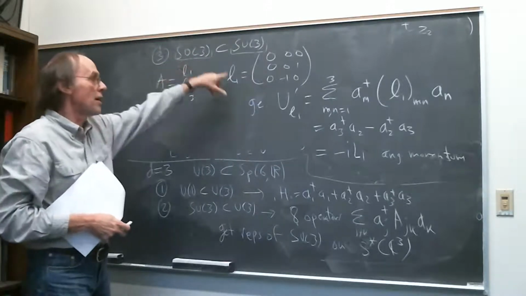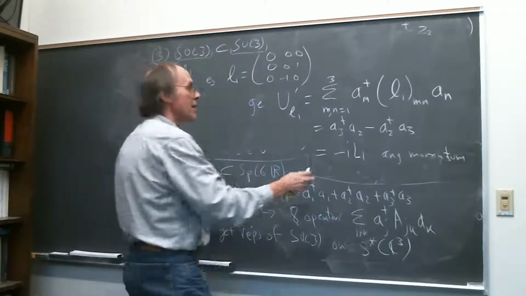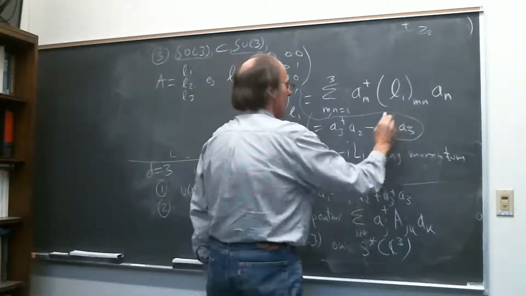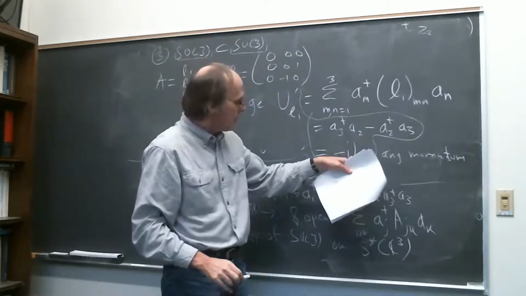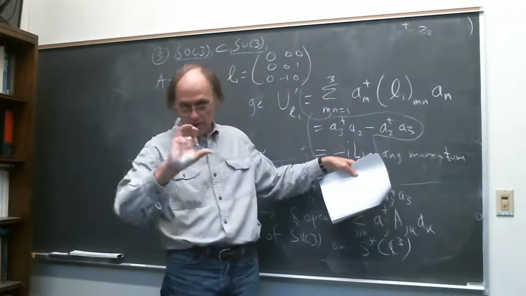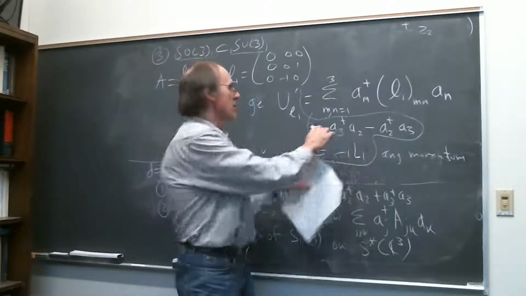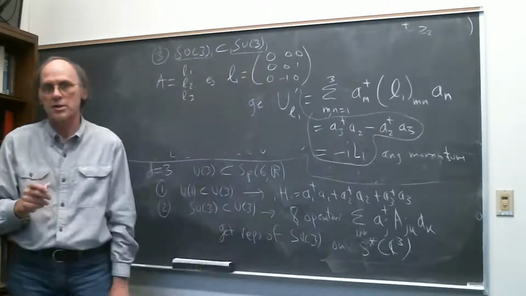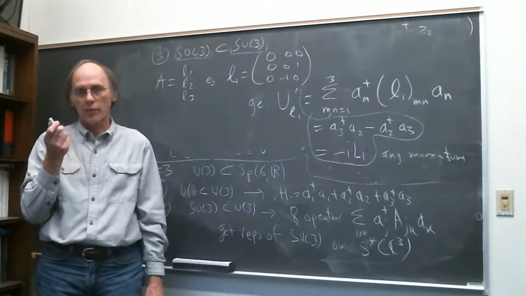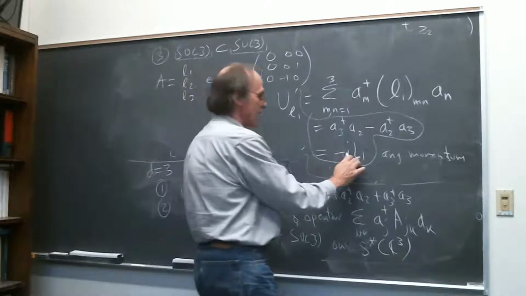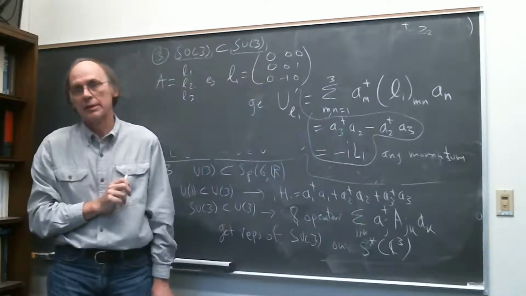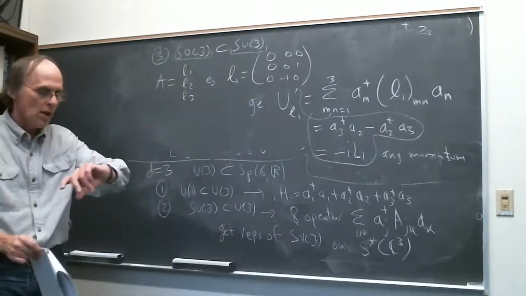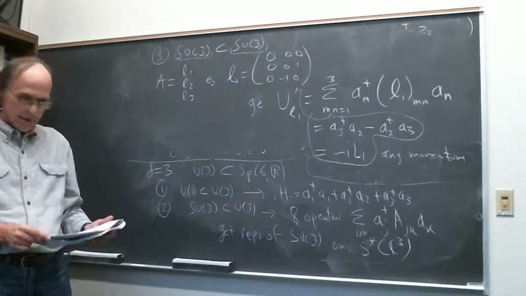If you apply this machinery, you find the formula for the angular momentum about the one direction in terms of these operators. If you rewrote everything in terms of P's and Q's, you would just get back the old formula you're used to for the angular momentum operator in terms of P's and Q's. But this is one version.